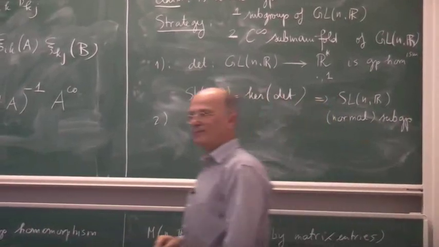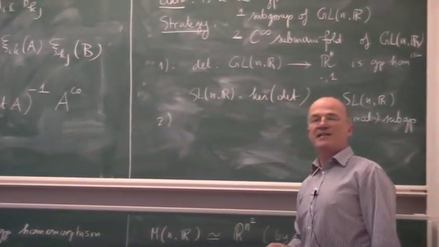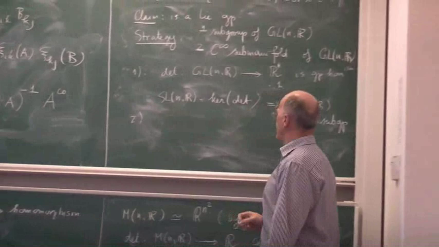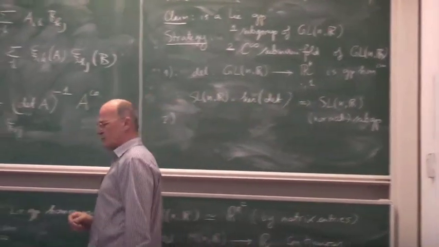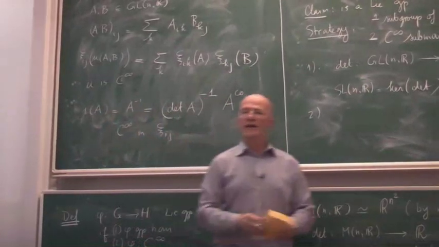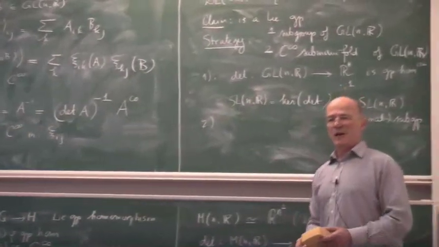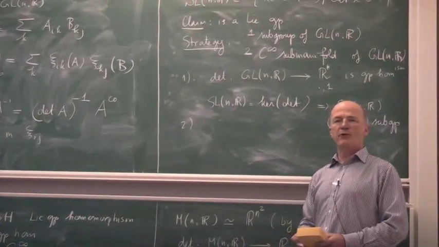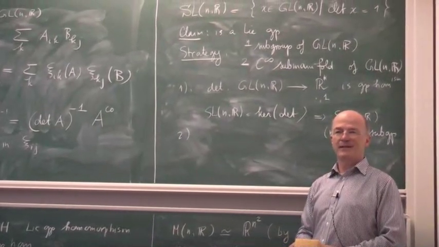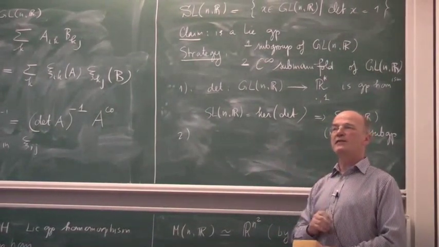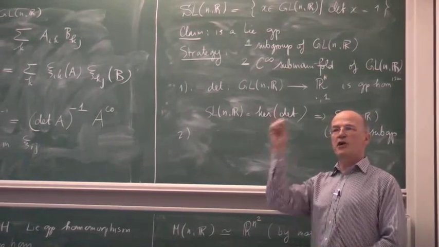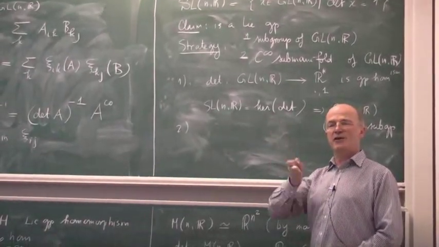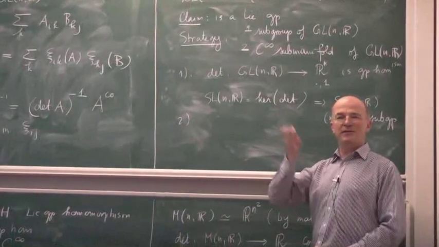So the second issue is whether SL(n,R) is a submanifold. What was the meaning of being a submanifold? Well, I'll use the following definition. A subset of a manifold is a submanifold if it is a submanifold at each of its points. It is a submanifold at a particular point if around that point there is a chart of the full manifold such that the subset in that chart becomes straightened out to a linear subspace.